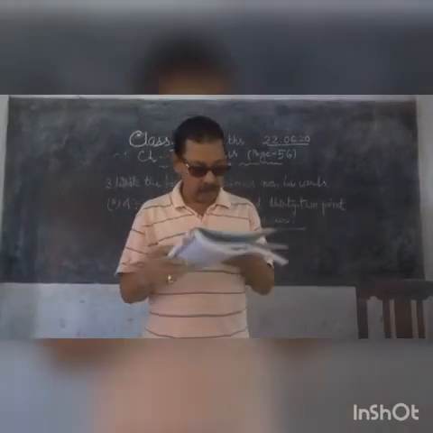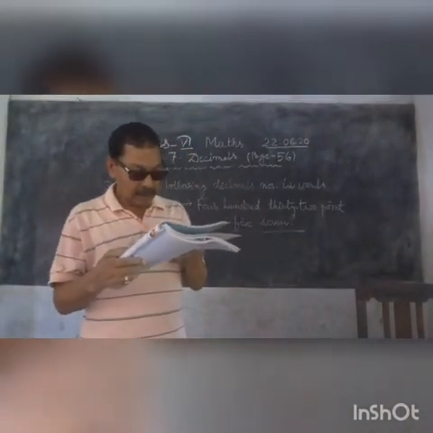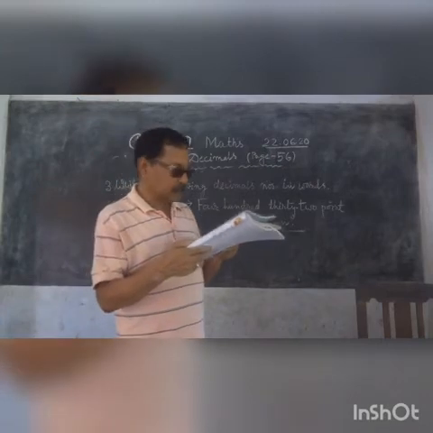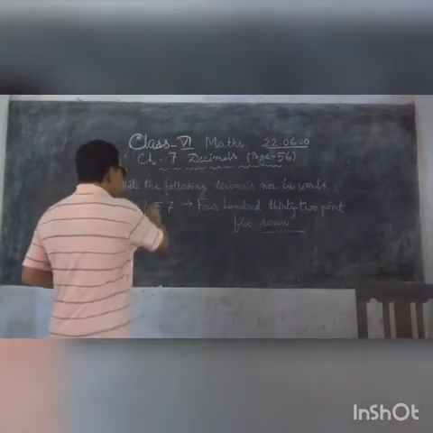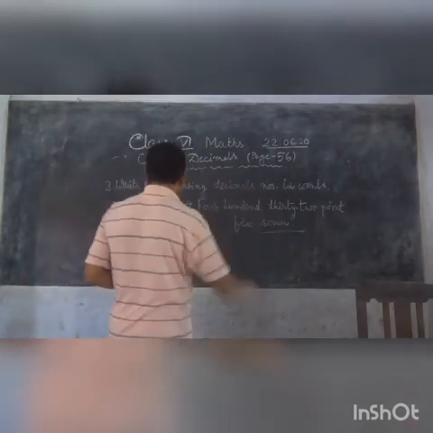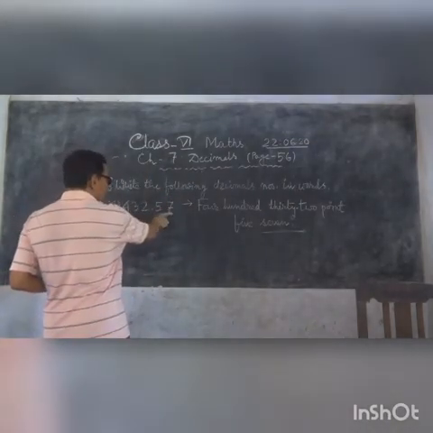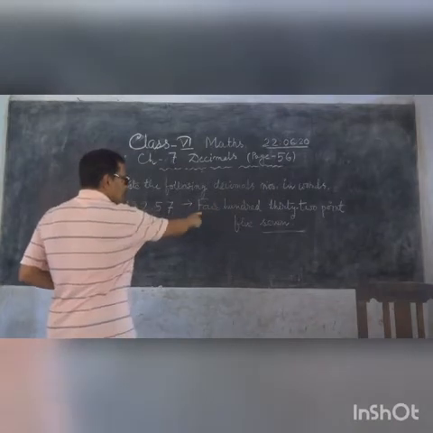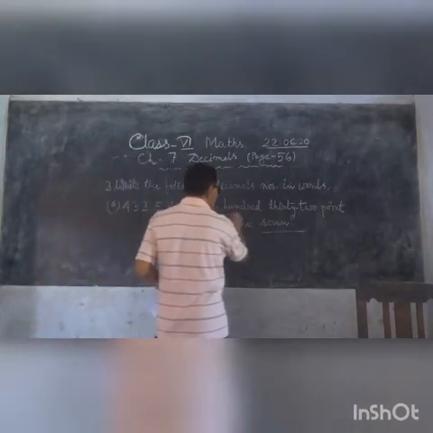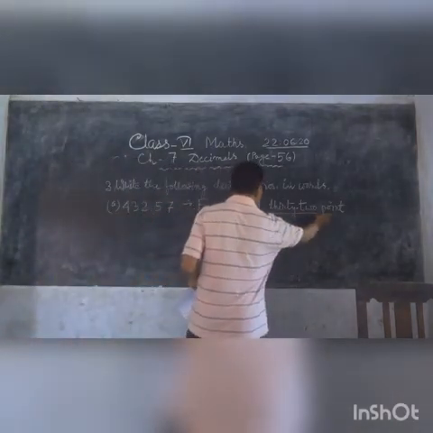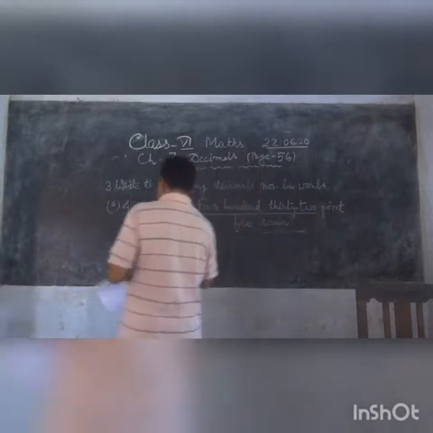And now next question, write the following decimal numbers in words. Question number A, 432.57. So you have to write it like this, 432.57 like this.